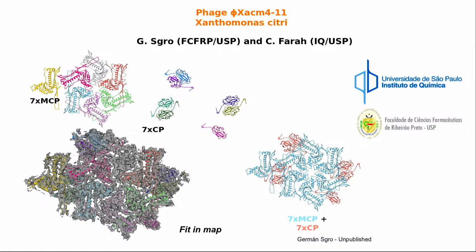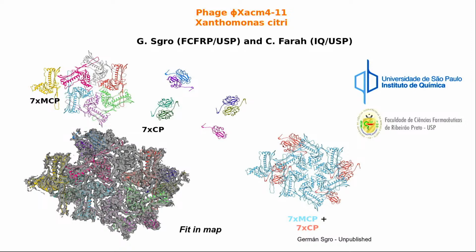This phage was another thing that I think is nice to mention. That was Germain and Chuck too. They managed to solve the structure of this phage, the SHAC 411, with a normal data collection, but then Germain realized that in the class sums he could see the tail.